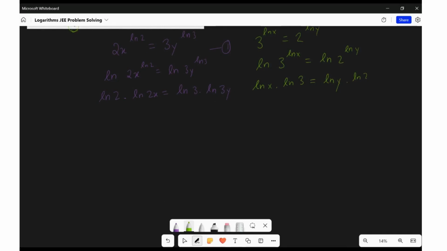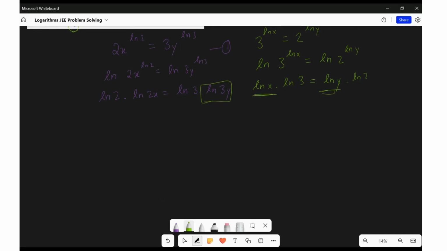So let's go further in this question. From this, what we can see is that ln 3 and ln 2 are common in both. So what we can do further is take the value of ln y, or we could also take the value of ln x.